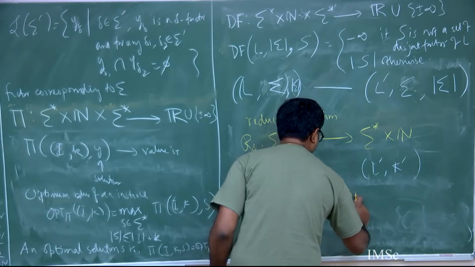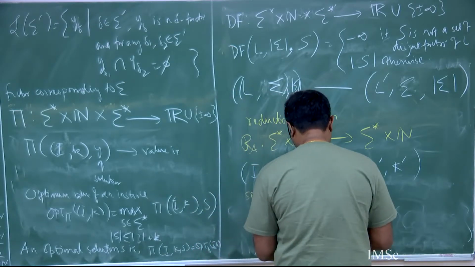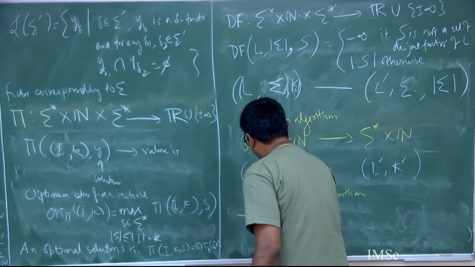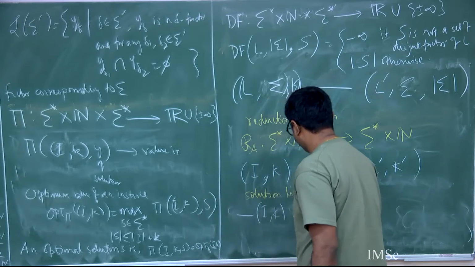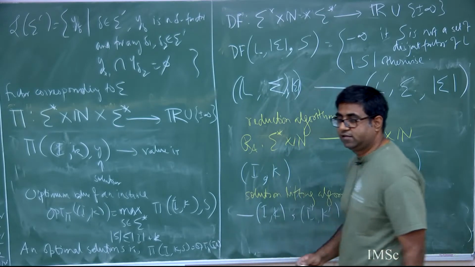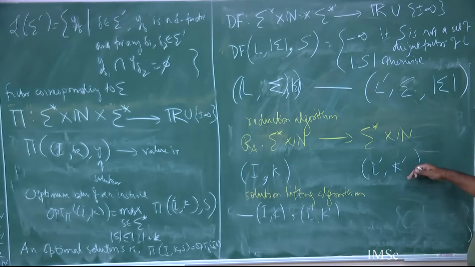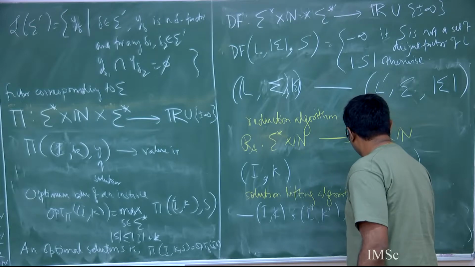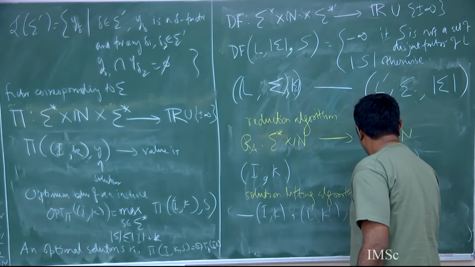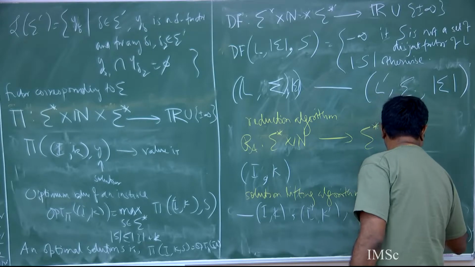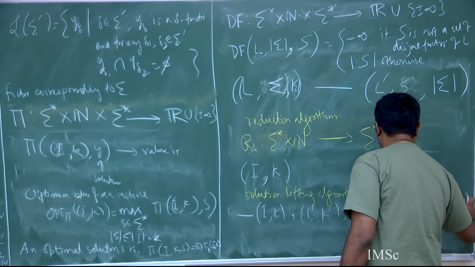It tells me that it takes as input (I, k), it takes as input (I prime, k prime), and it takes what? A solution for this, okay? It takes some S prime, a solution to (I prime, k prime), and what does it do?